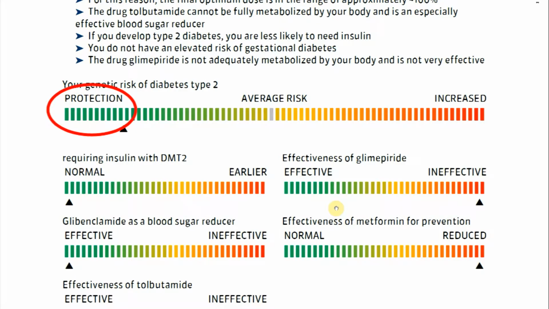You have a lower risk than everybody else, so diabetes intervention through nutrition is less important for you here and more important for you here. One example is, as you know, diabetes is too much sugar in your blood, and there is something called a glycemic index.